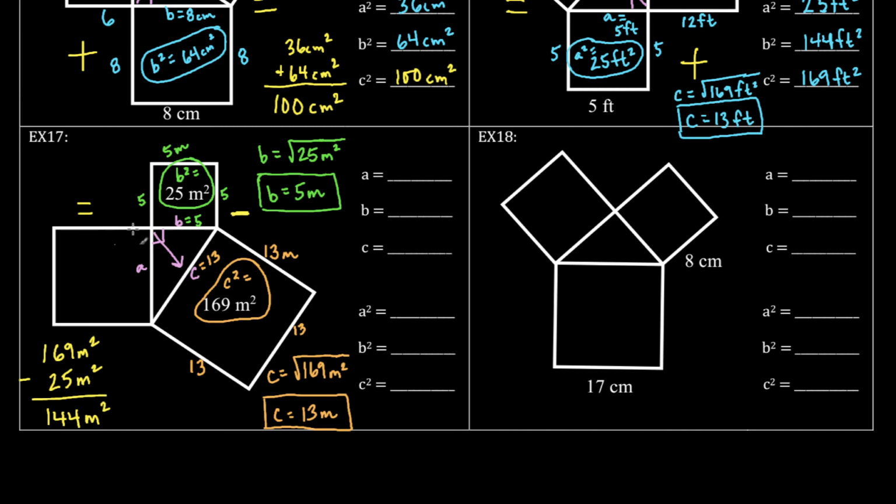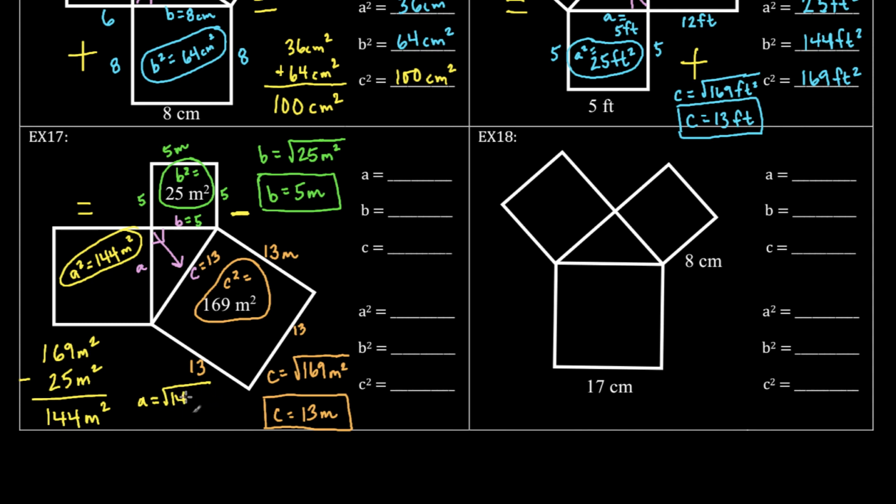So that was A, this is A squared. A squared is 144 meters squared. And then I got to take the square root of that. So A is the square root of 144 meters squared.